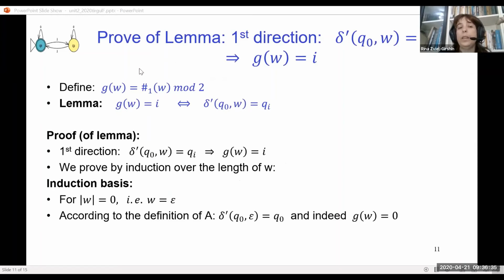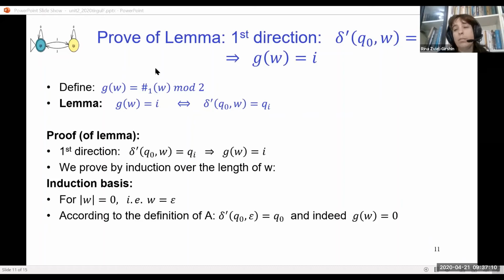To prove that the automaton that we built and the language that we have are the same language, I start with some definitions. I define some function g over w. The g of w gives me the resulting number that is the remainder of the counter of ones in w divided by 2, modulo 2.